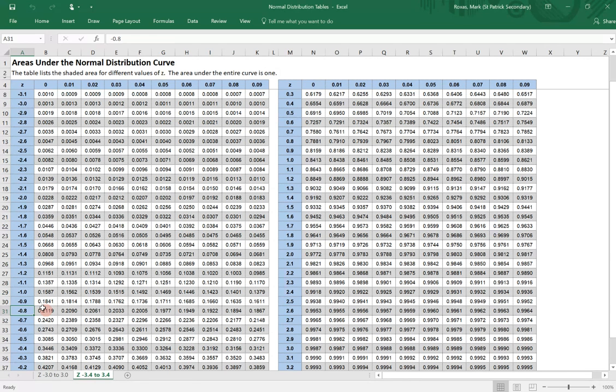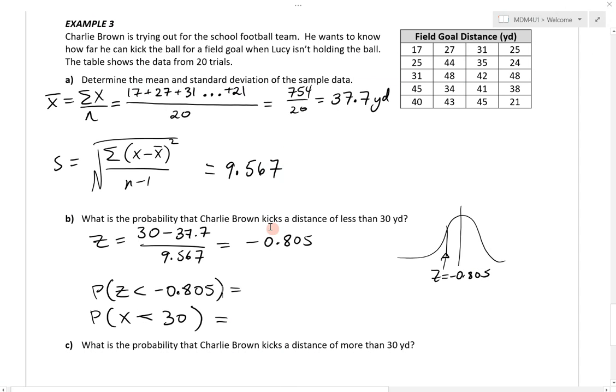Well, I'm going to round up to 0.01, so let's just say it's this value right here, 0.209. So I'm reading it, the second decimal place is 0.01, so my probability is 0.209. Right, so there's about a 21% chance that Charlie Brown kicks the ball a distance of less than 30 yards.